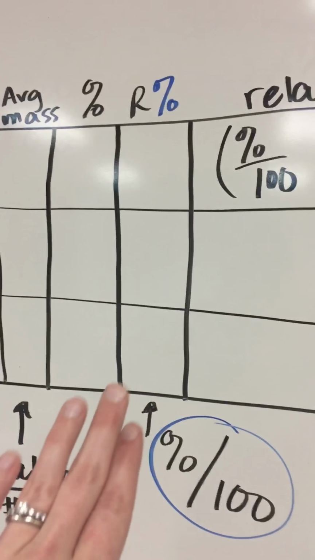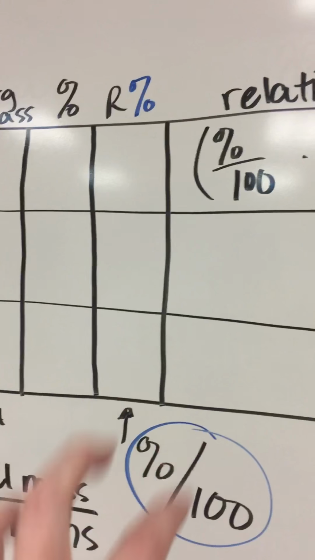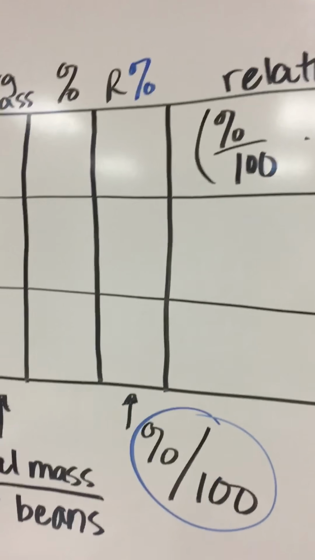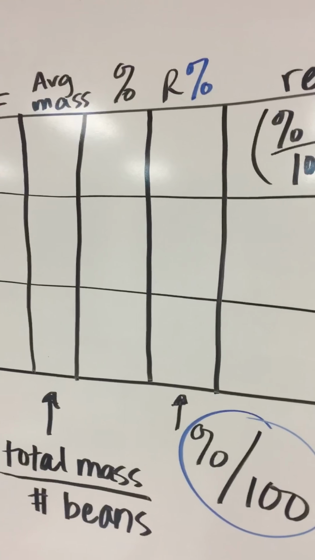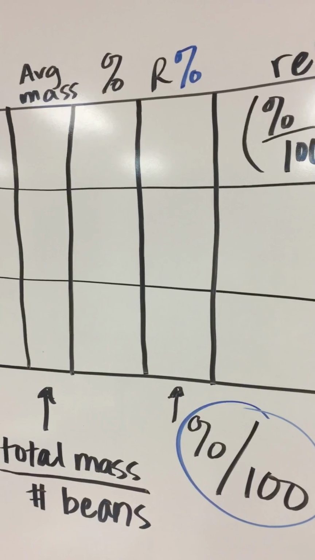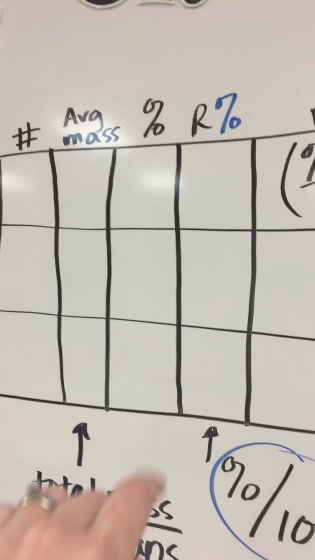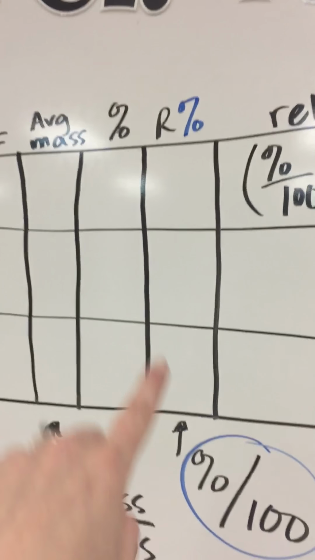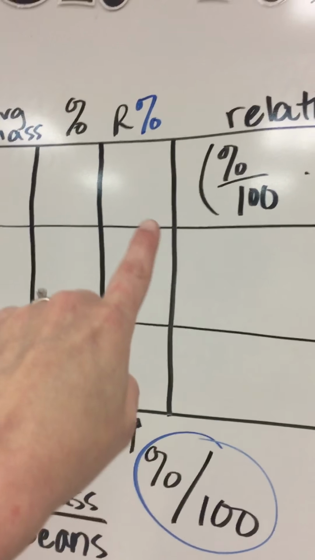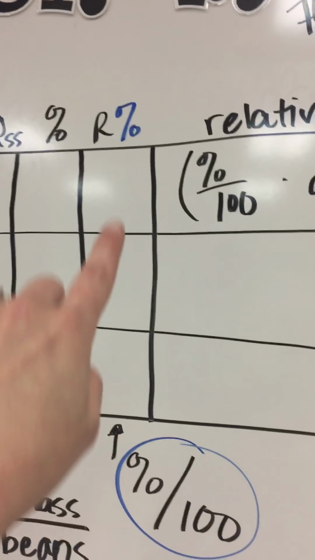Okay? The next column is relative percent. They called it relative abundance, but that's not what it is. What I want you to do here is convert that percentage back to a decimal number. So all you're going to do is take that percentage, divide by 100, and that becomes the number that goes right here.